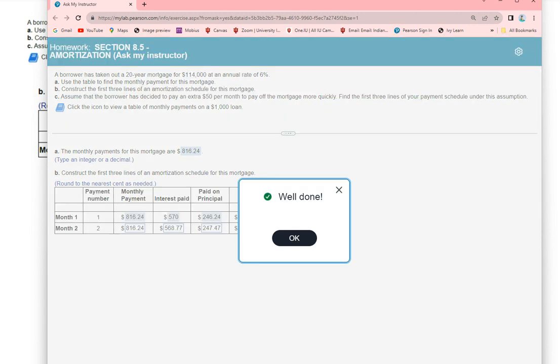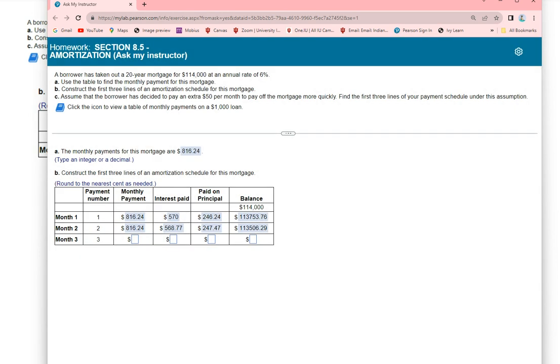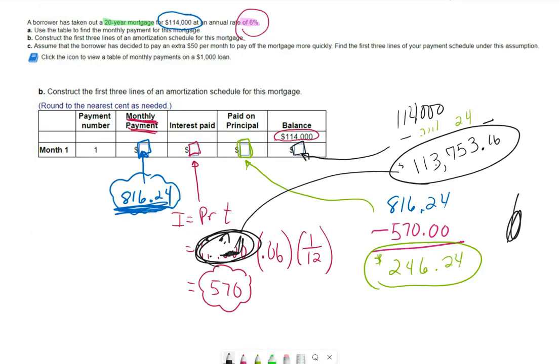Yay! And then one more time, once again, this is going to be 816.24. The next number, you're going to have to, again, take this number. This is my new principal, because back on this slide right here, the interest paid is always your principal times your rate times your time. Your rate and time don't change. Principal will keep changing.